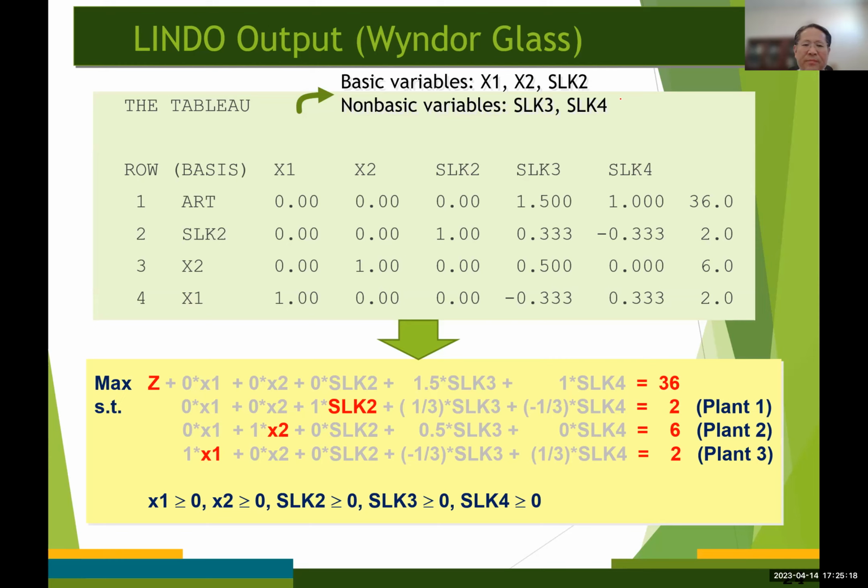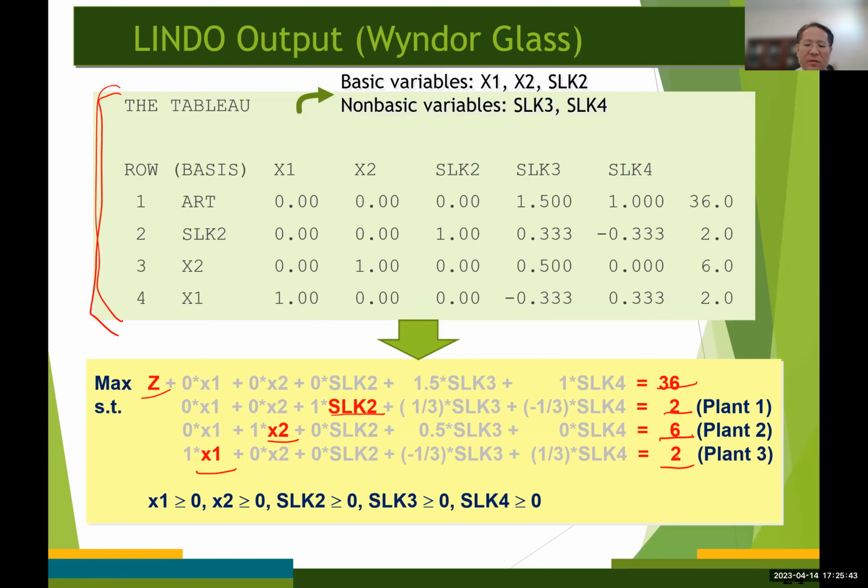So what's left over? G equals 36, slack 2 equals 2, x2 equals 6, x1 equals 2, okay? That's the basic solution based on this final optimal table, okay?